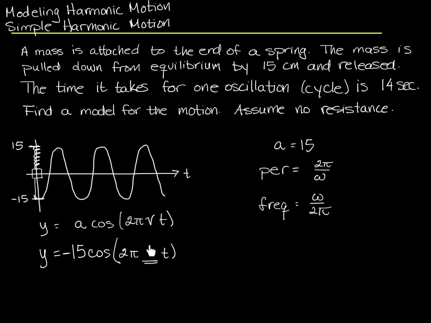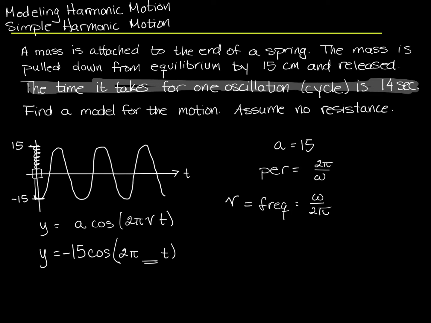That something right there, that v, we decided that was frequency. So I'm going to use that here. V is frequency. And if I could figure out what the frequency was, I would just be able to fill in the blank here. Well, I'm given another piece of information in the workup for this problem. The time it takes for one cycle is 14 seconds. So is that frequency or is that period?